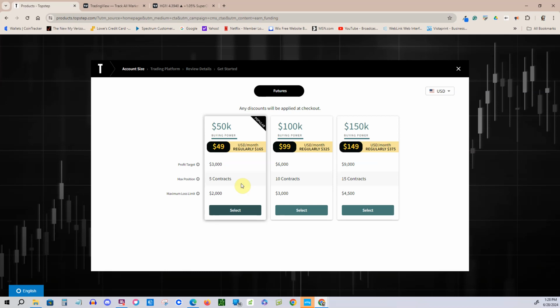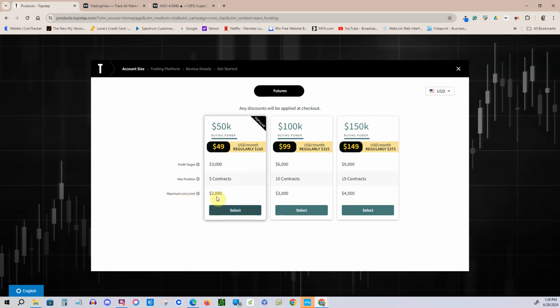The feature is the fact that you have to pay a little bit of money in order to learn how to trade. So think about this as an investment. This is the tuition that you pay. And this is the least amount that you can pay, by the way. If you fail this account, the maximum loss limit you see here is $2,000.